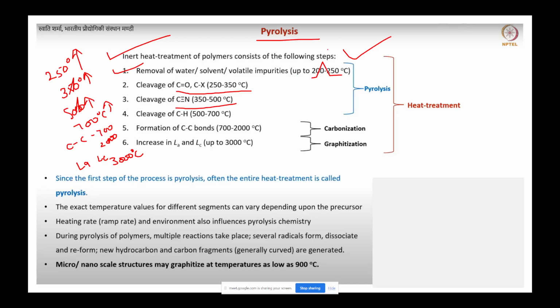So this process, where the formation of the C-C bond is happening, is called carbonization, and where the La and Lc are increasing is called graphitization.